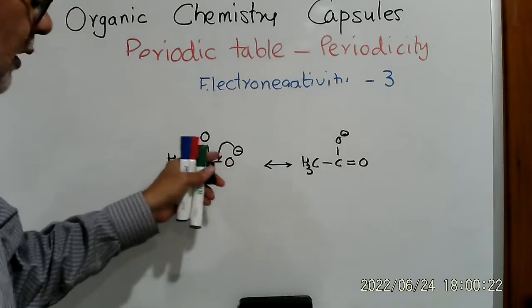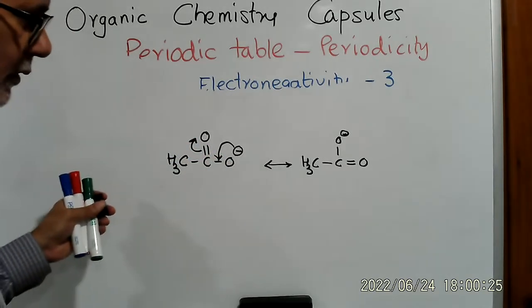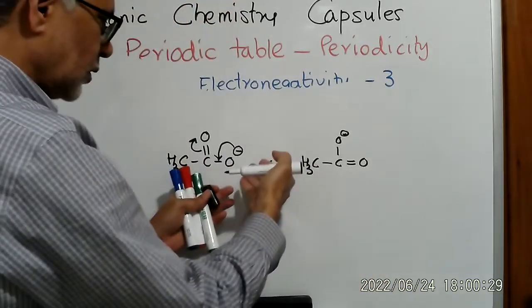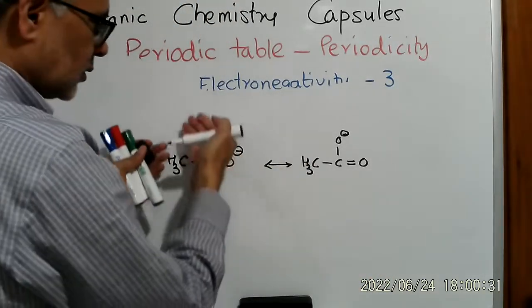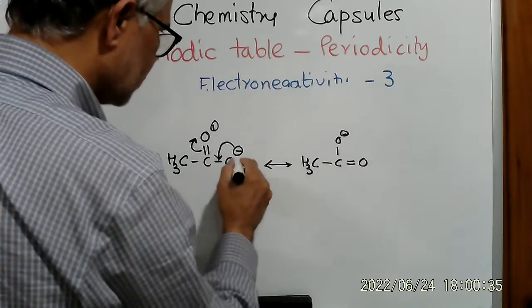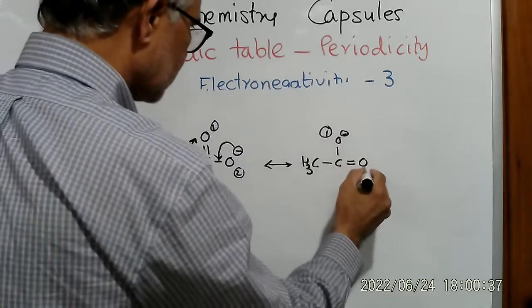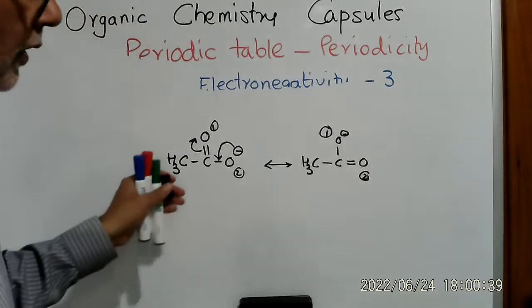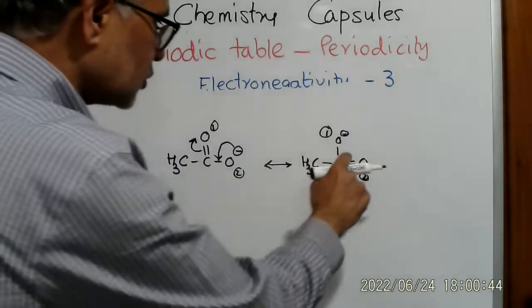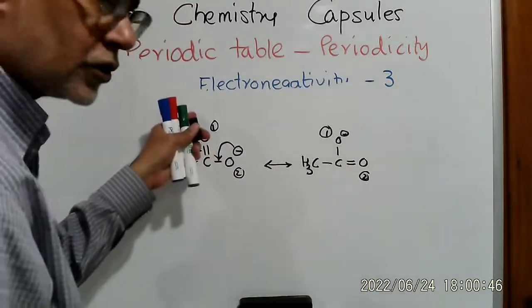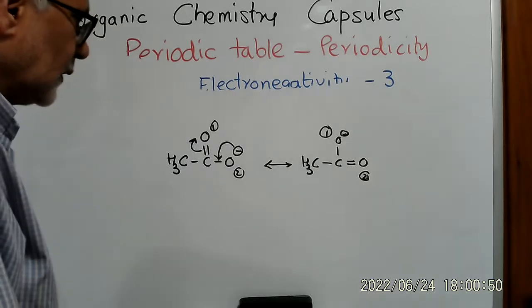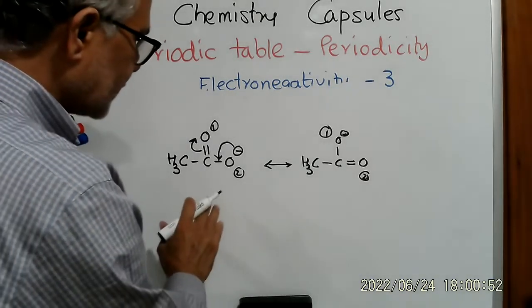So this is again delocalization of electrons. At one time electrons are on this oxygen, at another time electrons are on this oxygen. If we call it oxygen 1, oxygen 2, you see the negative charge is not localized on oxygen 2. Sometimes it's on oxygen 1, which confers stability again. So it's an interesting thing here.